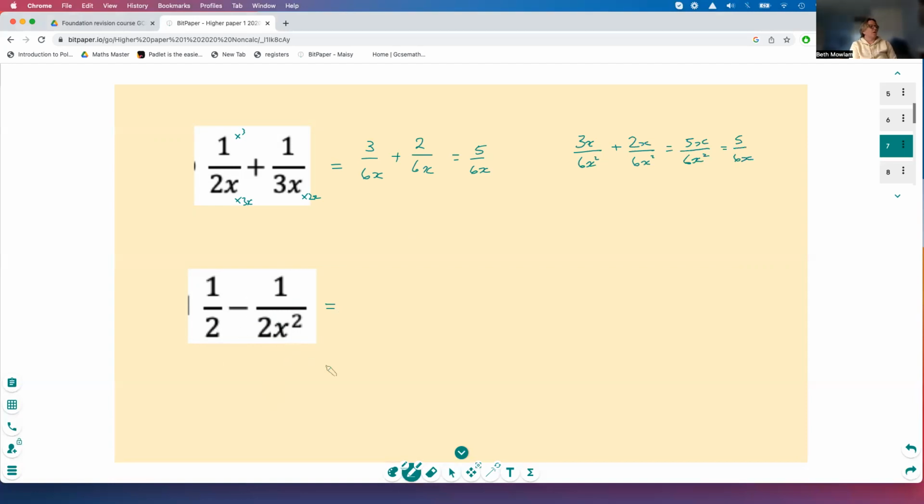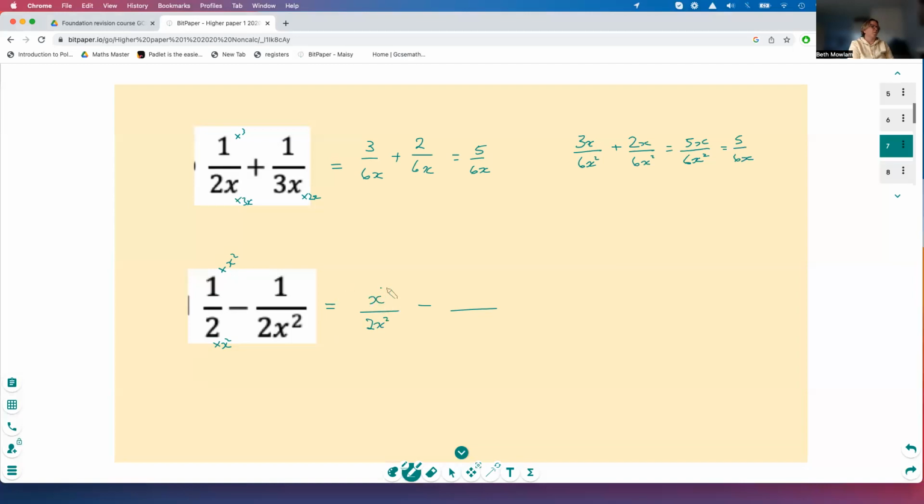Okay, a half minus 1 over 2x squared. So I'm going to make my lowest common multiple for this one 2x squared. So I'm going to multiply this by x squared, which means I've got to multiply this by x squared. If it helps you to put your little notes on what you're timesing, to remind you to times it, do that. So I get 2x squared.